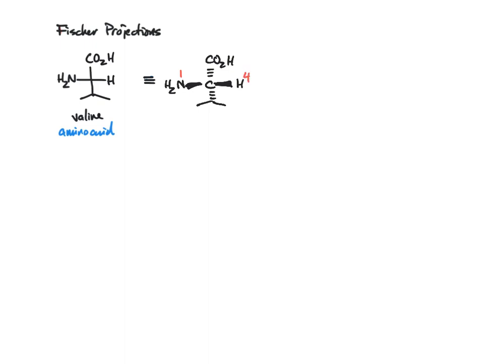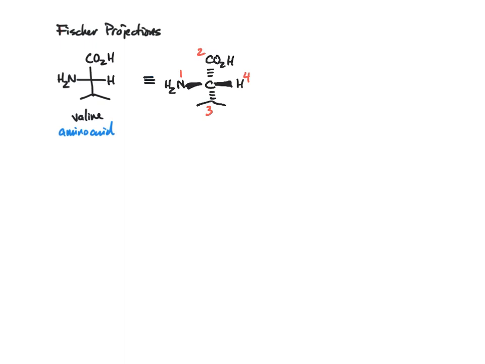Then between the 2 carbons, the acid has a total of 3 oxygens bonded to it. So that's 2, that's 3. So this is one of those circumstances where the lower priority group is coming towards you.